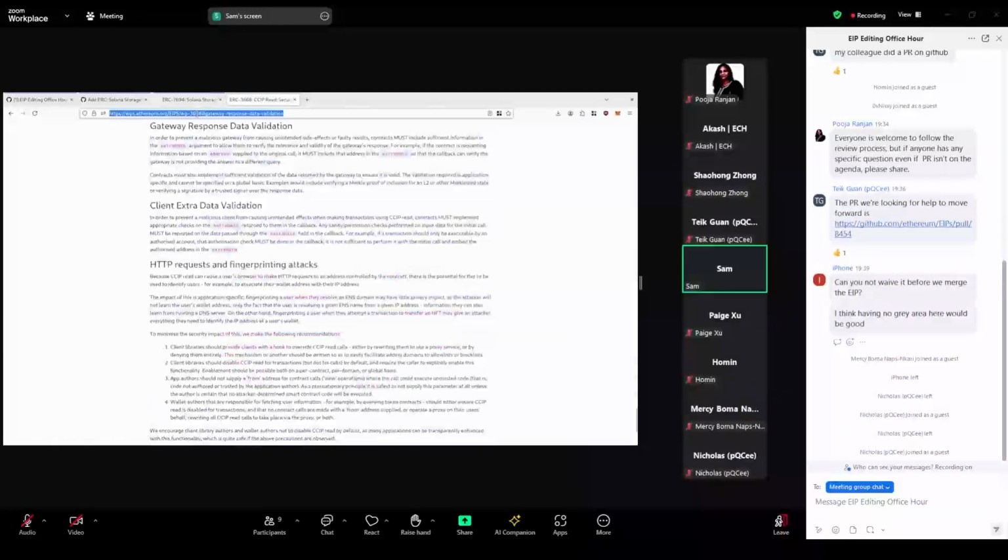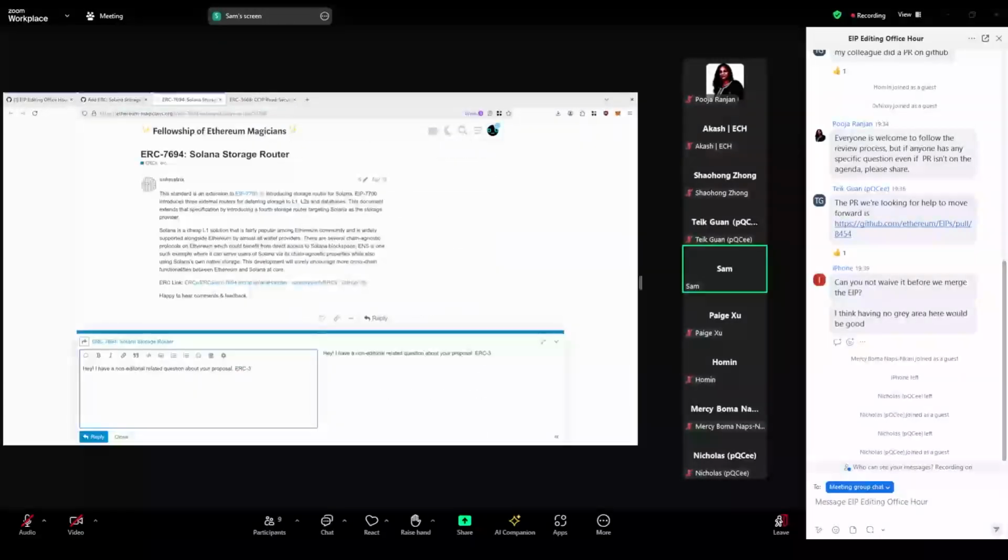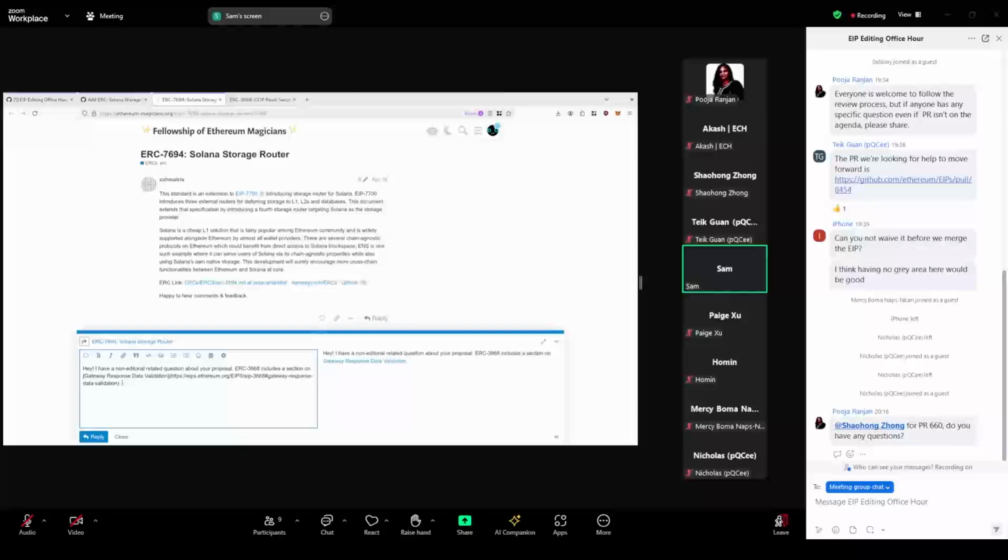Okay, so let me see. 3668 includes gateway response data validation. Should this proposal, what is this? 7694.